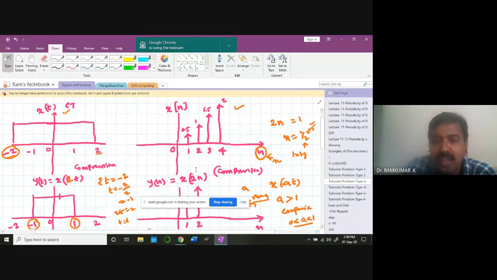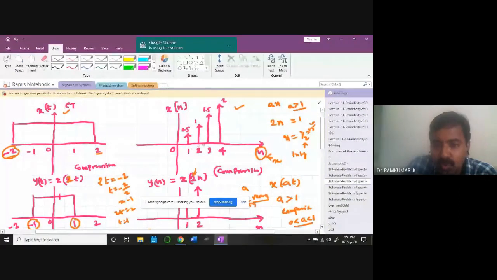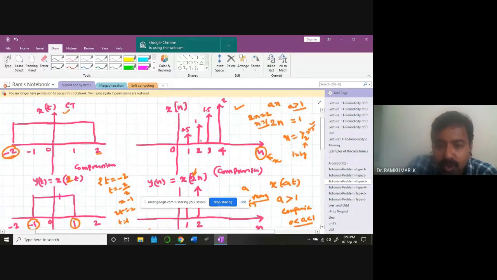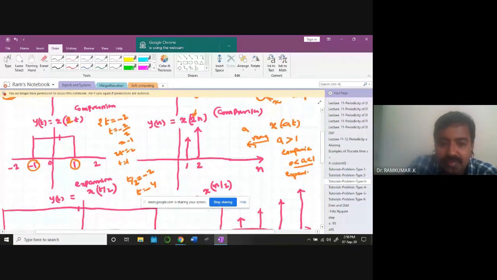So naturally, here in this case also, when I'm going to do it with 2, if a is greater than 1 I'm going to have compression. So for example, 2n is equal to 2, n is equal to 1. Whatever value is there at the 2nd sample is going to come at 1.